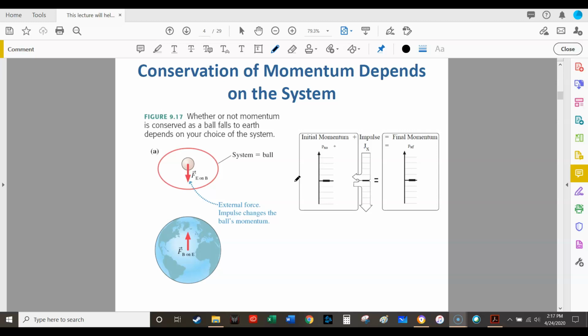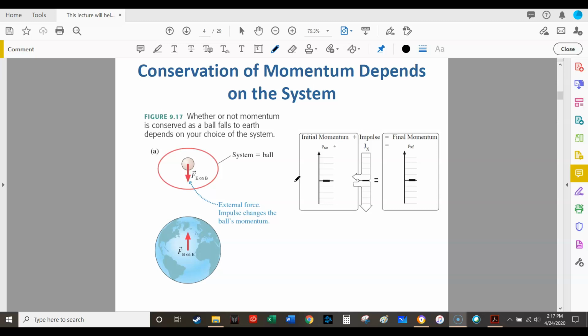And also, similar to the energy stuff, there's a system in play, and if energy is leaving that system or energy is entering that system, that's going to change how you have to approach the problem. So momentum, like energy, is all about establishing what the system is.